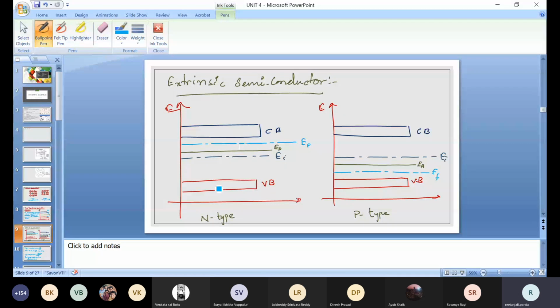The holes created are also going to help in conducting electricity, so they are also charge carriers. If you increase the heat, the Fermi energy level is going to decline towards the valence band because the number of holes is increasing there.